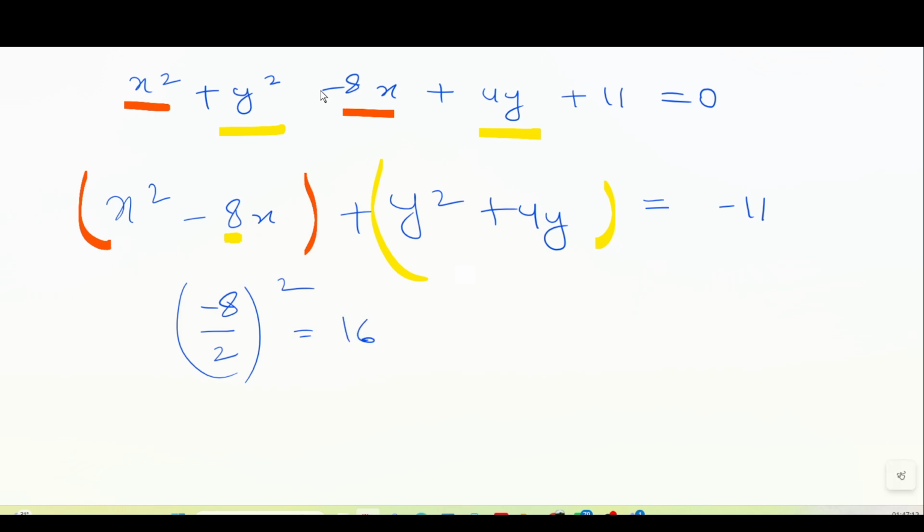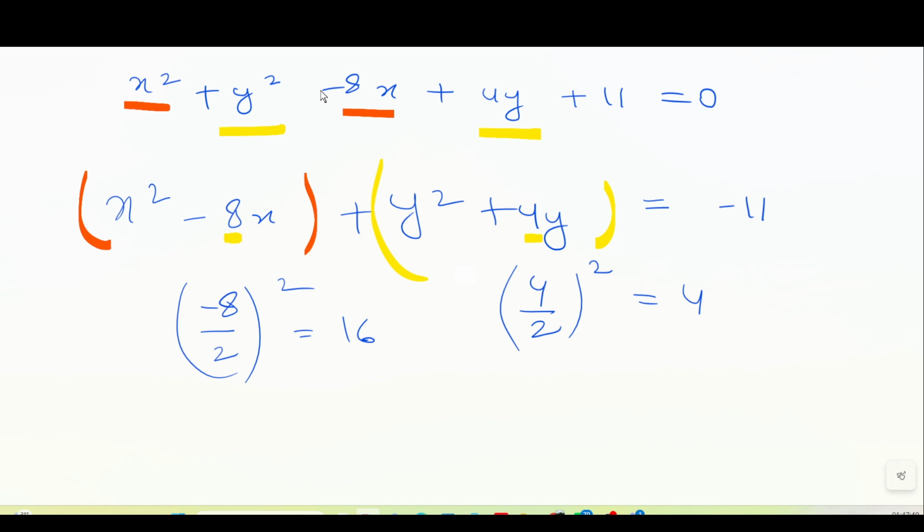And on this side, what is the coefficient of y? 4. So we need to halve it and square it, which gives us 4.